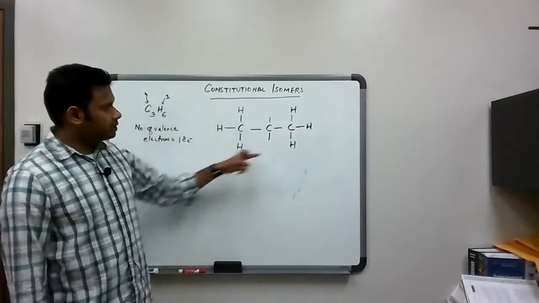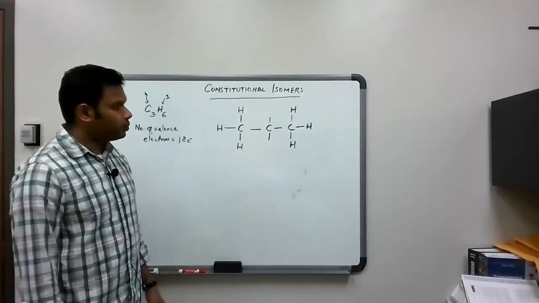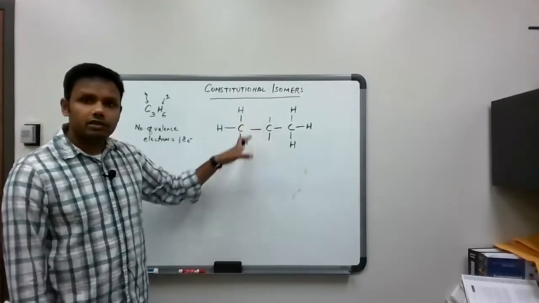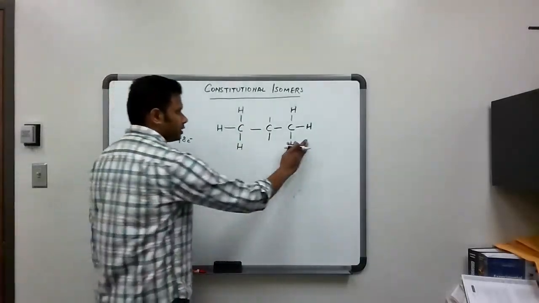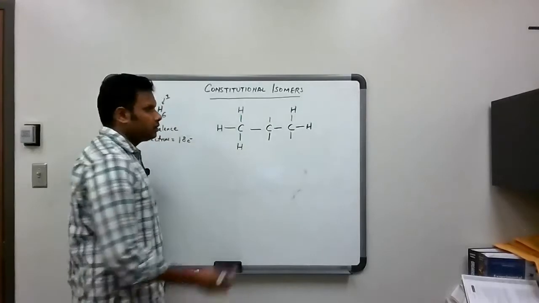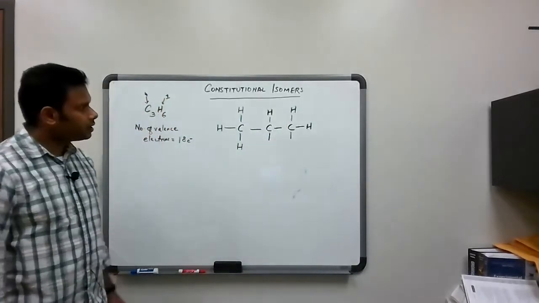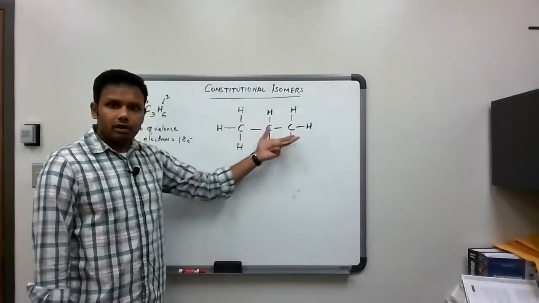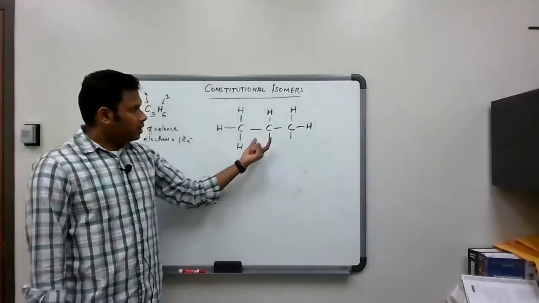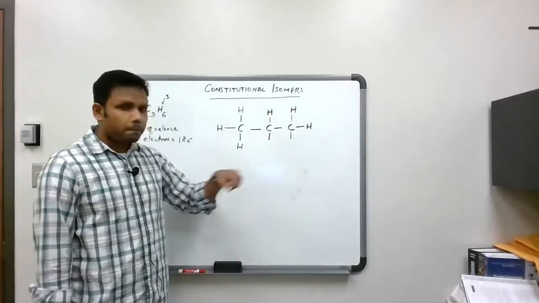So that would give us 6 hydrogens, but then we have a carbon with 2 open valencies, okay, and there's nothing that we can do here. So even that's not right. So let's go ahead, take one of these hydrogens and then move that to the carbon in the middle. So now we've put 6 hydrogens among the 3 carbon atoms, and there are 2 carbons which have open valencies on them.